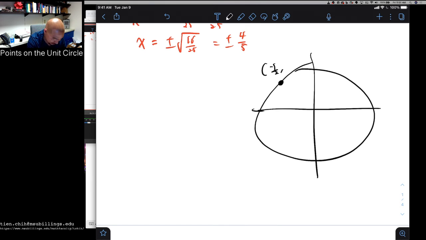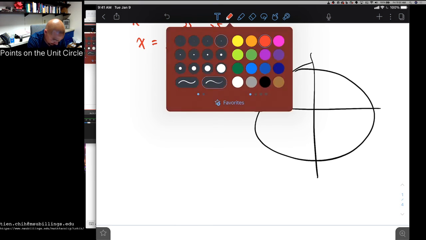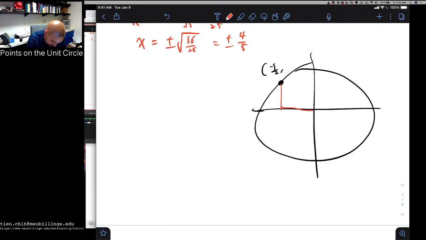So I can draw a triangle here again. This is negative 1/2 down here. This is some y I don't know. Once again, my hypotenuse is 1. So what I know is that x squared plus y squared is 1, right? And so x squared in this case is negative 1/2 squared, which is 1/4.